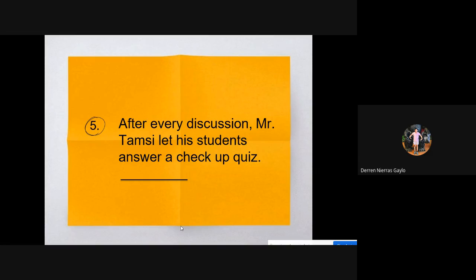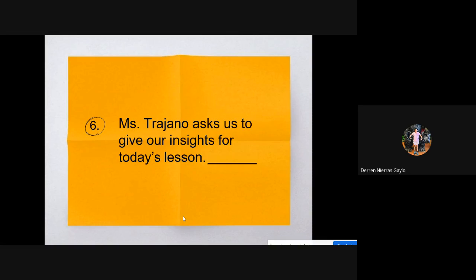So if you have a checkup quiz, the assessment is already embedded and it is usually placed as a formative assessment, the checkup quiz. So this is integrated. Number five, integrated. Number six, Ms. Trajano asked us to give our insights for today's lessons. When the learners were asked of insights, the assessment seemed to be responsive. Responsive.